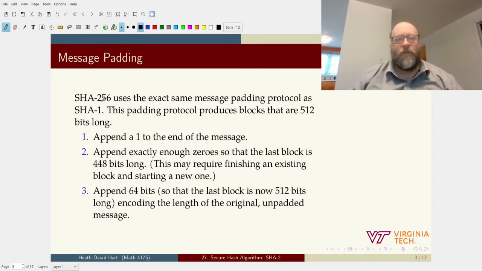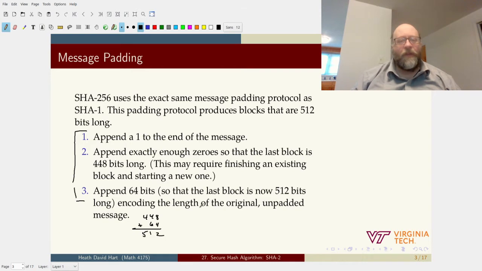So SHA-256 uses the exact same message padding protocol as SHA-1. You have seen these instructions already. They were in Monday's video. We append a 1 to the end of the message. We append enough zeros then so that the last block is 448 bits long. Then we put 64 more bits on there. 448 plus 64 is equal to 512.